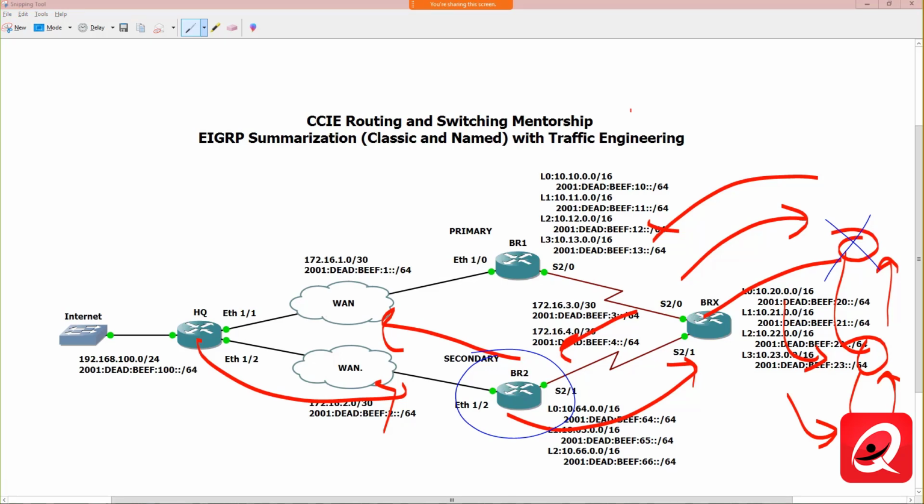So we lose a link to a neighbor, a metric changes for a particular route, a neighbor goes down, a link goes down, whatever it is. If I don't have a feasible successor, I am going to go into the active state, which means I'm basically sending out a query, and then I'm going to have to focus on reconvergence from that active state.